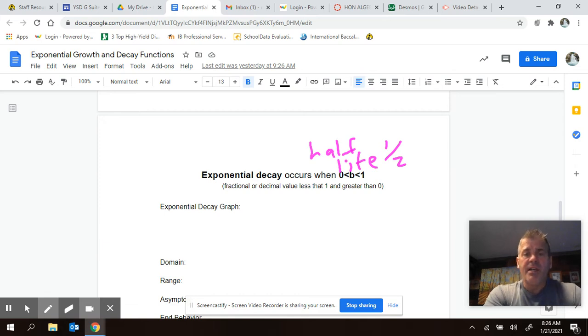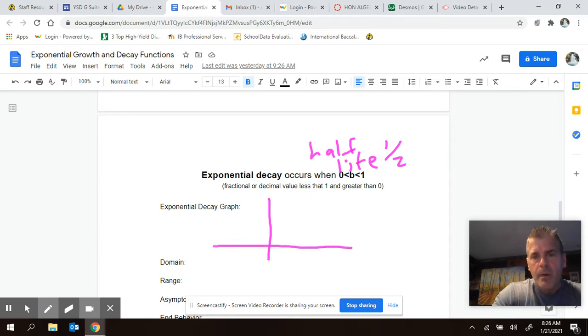So let's say we have a function that is considered decay. It has some similarities to growth, but obviously, as we look way out to the left, we're going to start with a greater amount. And as time goes by, or as the value of x increases, our graph decreases.